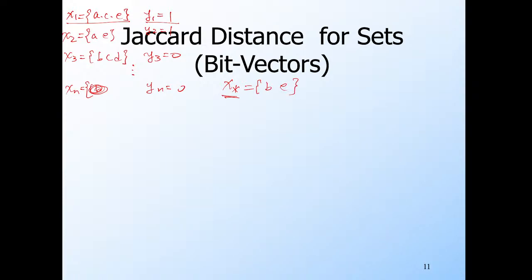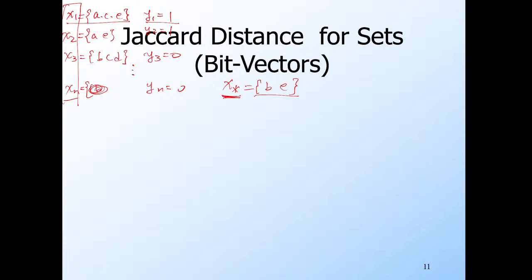So we need to compute the distance between x star and all the x's in the training data. And apparently, the distance between one set and another set cannot be computed by Euclidean distance. But we can use Jaccard distance.